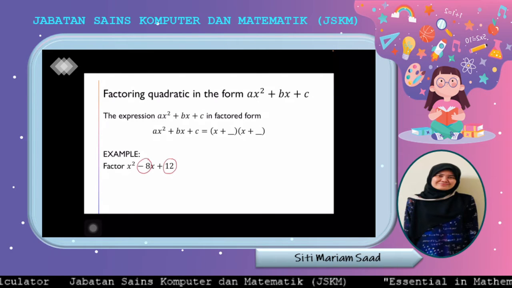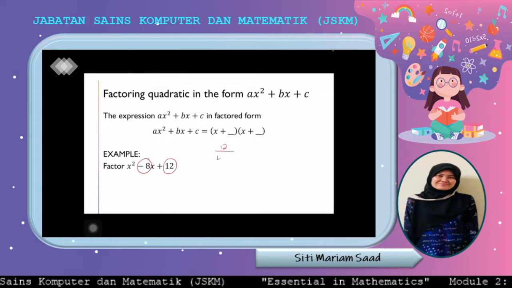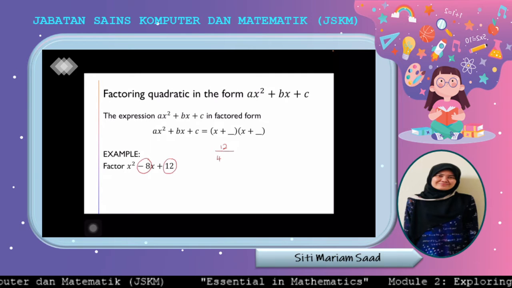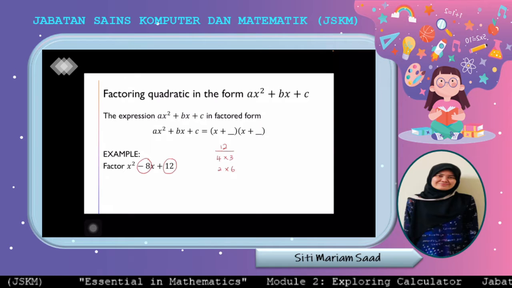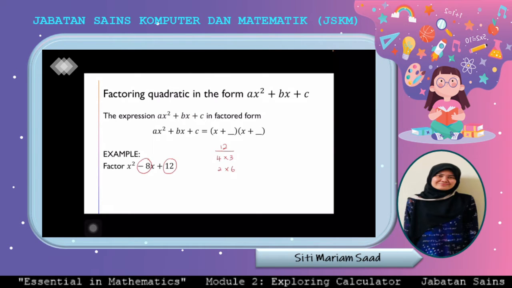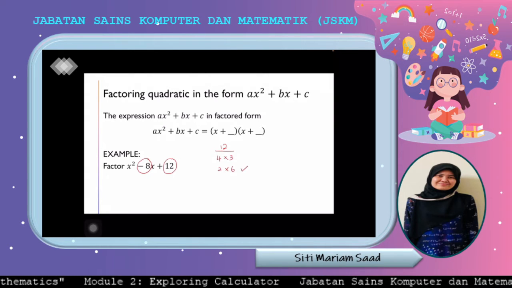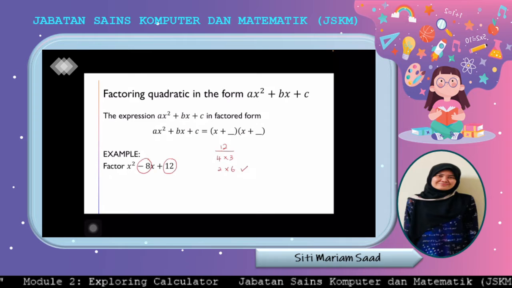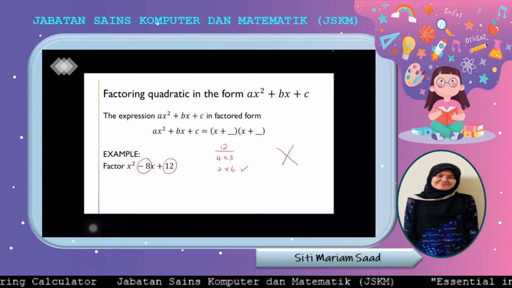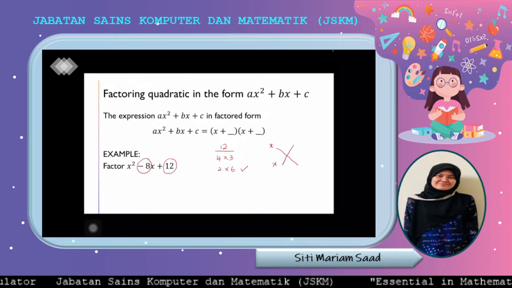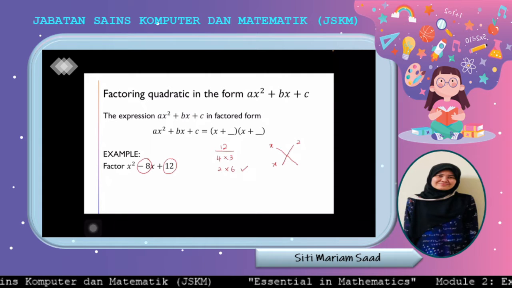The possible pairs of numbers that multiply to give 12 are 4 and 3, and 2 and 6. Here, the pair that gives 8 when added is 2 and 6.